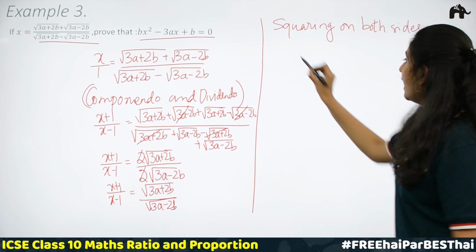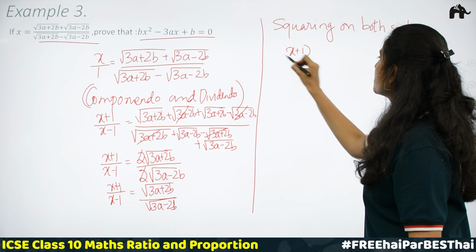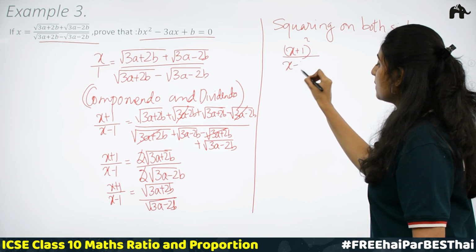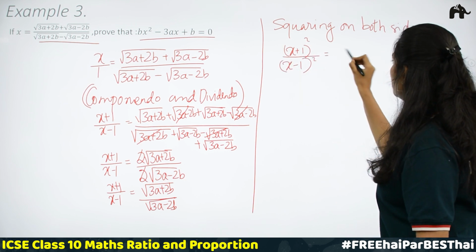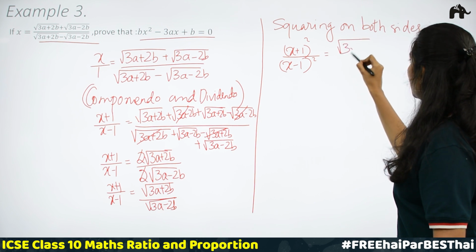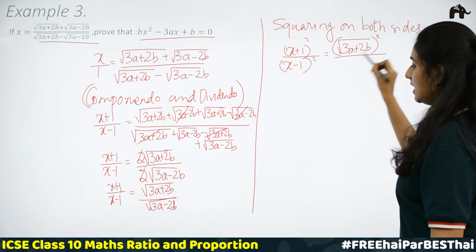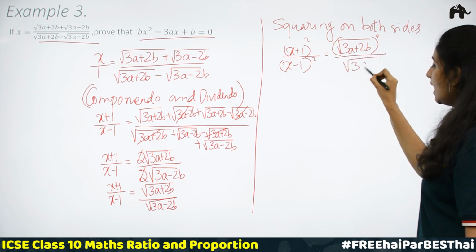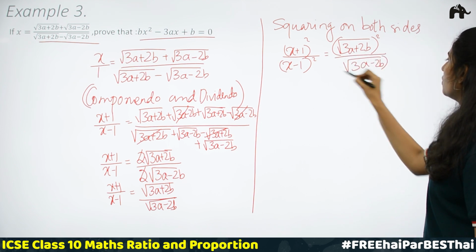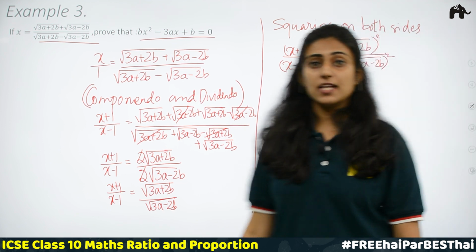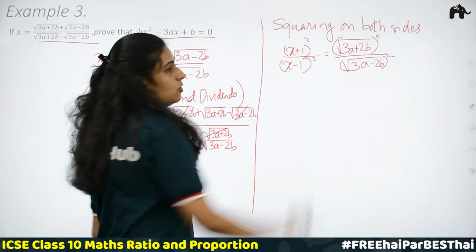We get (x plus 1) whole square divided by (x minus 1) whole square is equal to (root of (3a plus 2b)) whole square divided by (root of (3a minus 2b)) whole square. What is (x plus 1) whole square? (a plus b) whole square form.